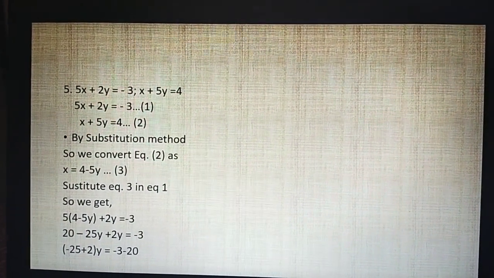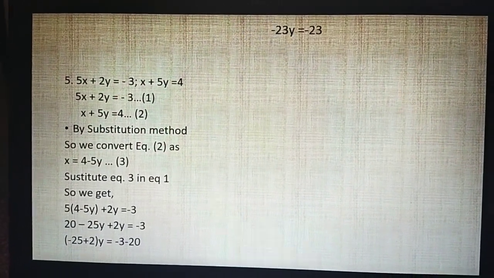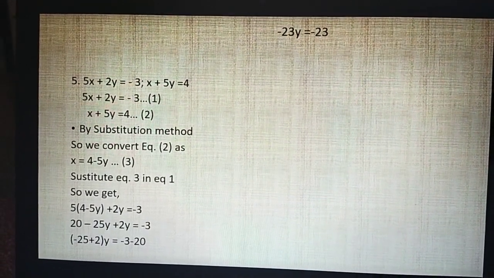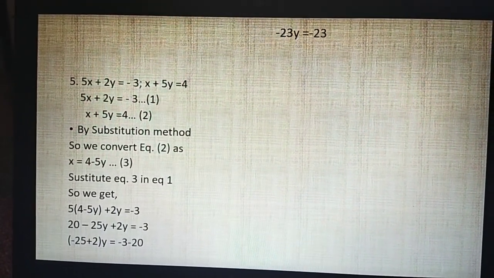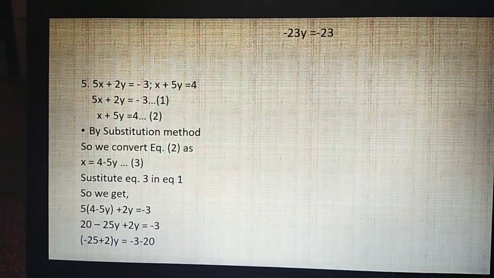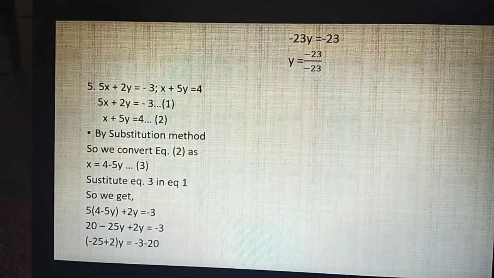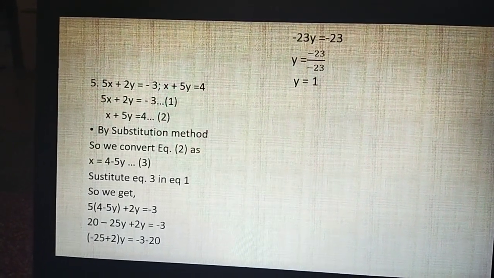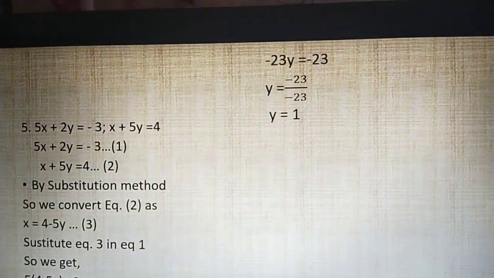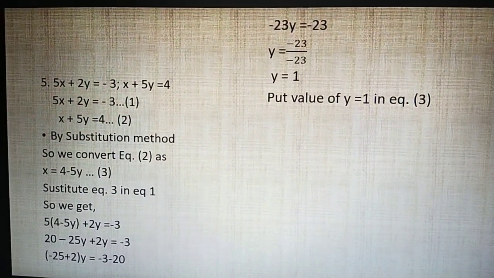Minus, correct? So we get the answer as minus 23y. And on the right hand side, we have minus 3 and minus 20. So minus 3 and minus 20 will give us minus 23. Correct? Next is minus 23y upon minus 23. So we get the answer as y equals to 1 because the minus signs have got cancelled. Now put the value of y in equation 3.